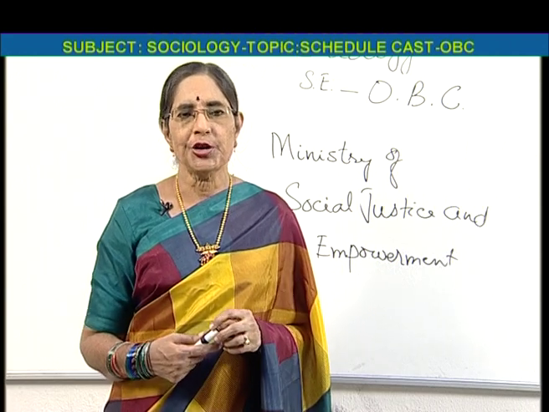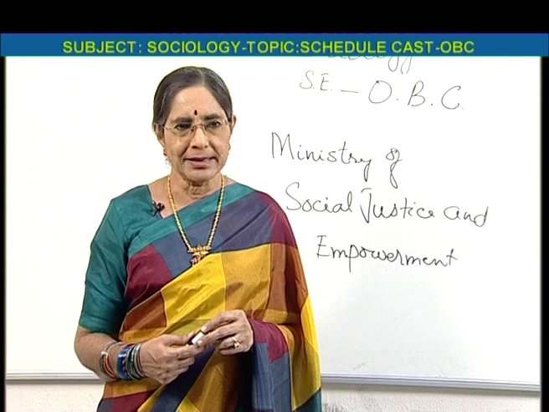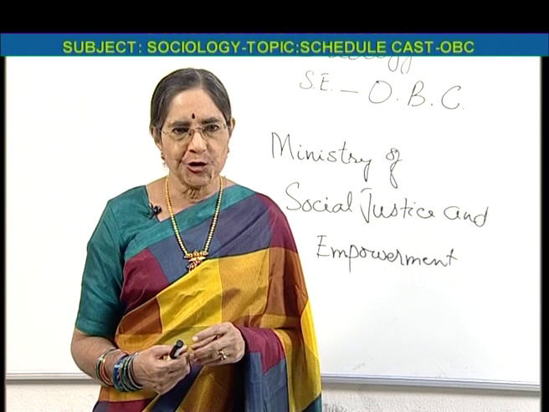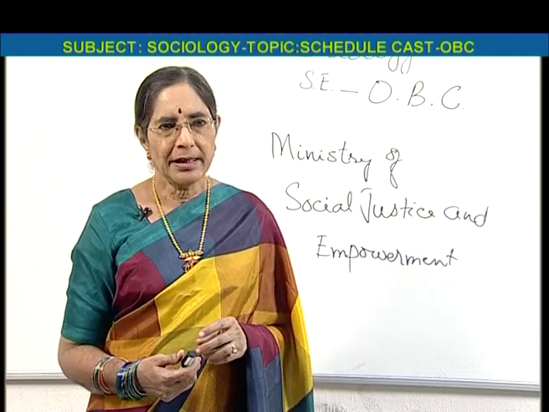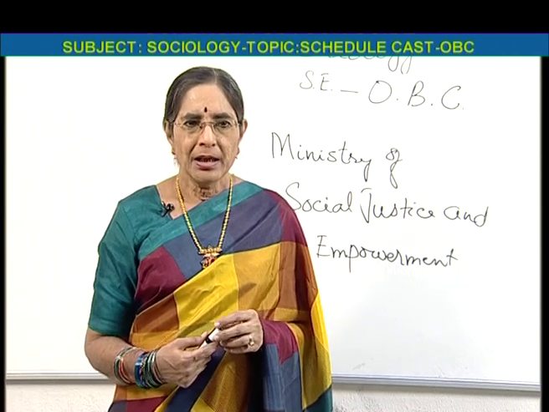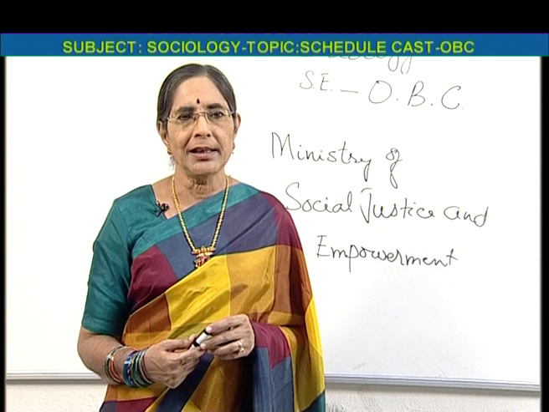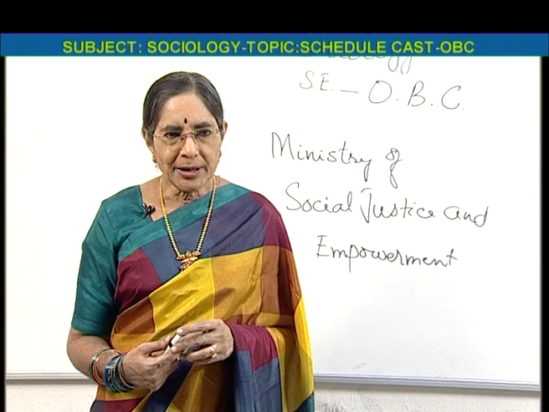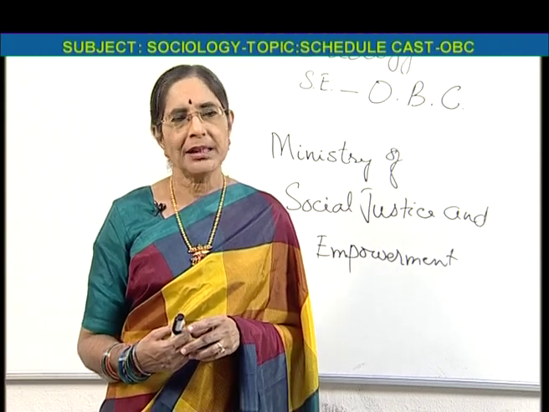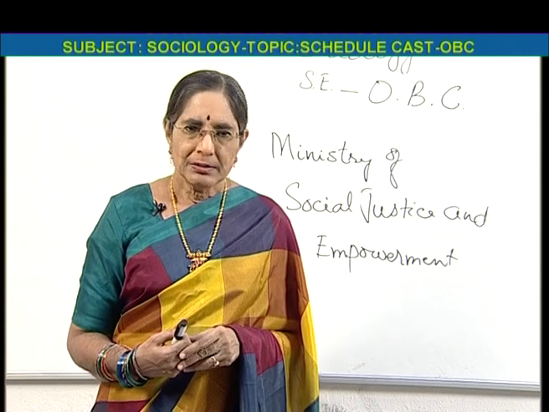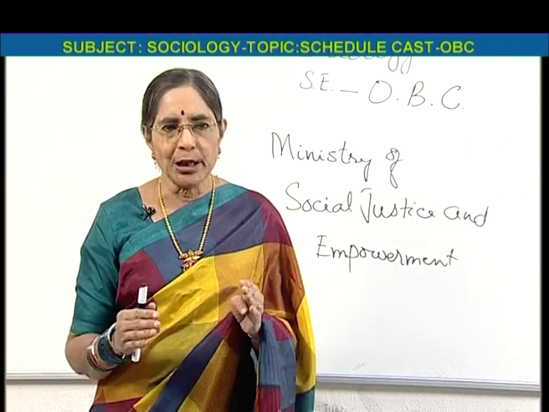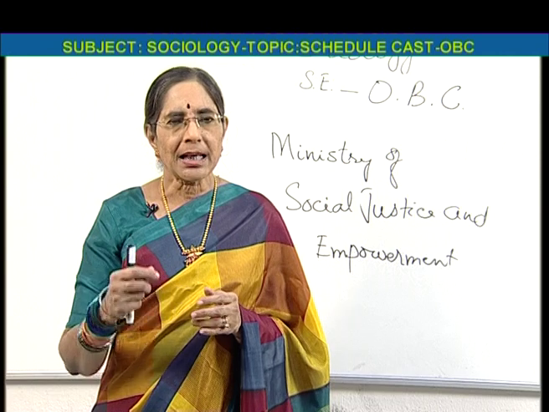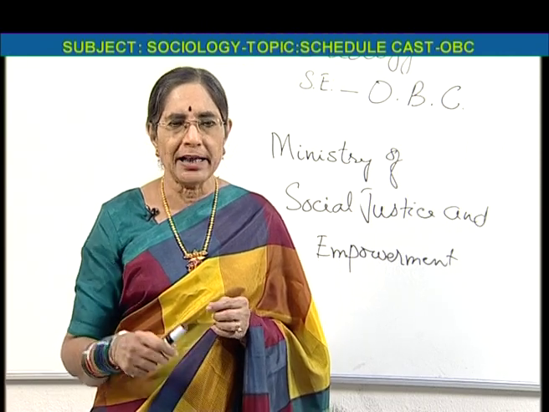Another important institution meant for the welfare of backward classes is the National Commission for Backward Classes. The Supreme Court of India, in its judgment in the year 1992 in a writ petition popularly known as Indira Sawhney and others versus Union of India and others, directed the Government of India and state governments as well as union territories to constitute a permanent body in the nature of a commission or tribunal, and this commission is expected to do certain activities.